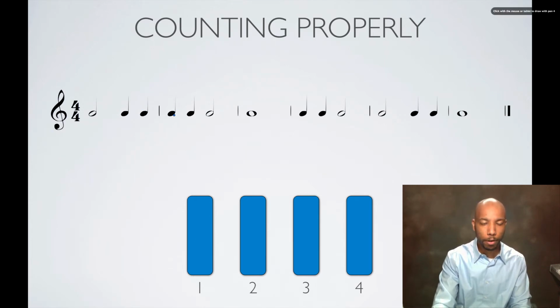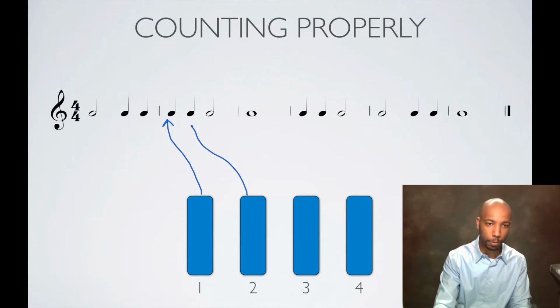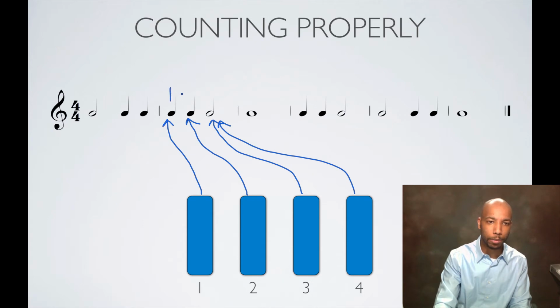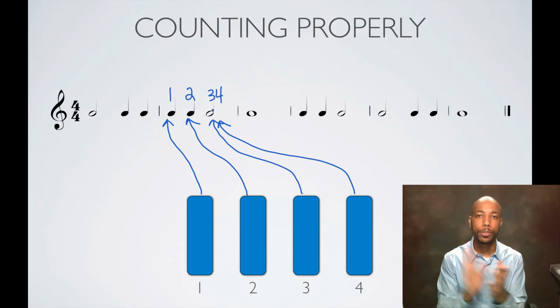In bar 2, the first chocolate bar goes to the first note because it's 1 beat. This one goes to the second note because it's also 1 beat, so it only gets 1 chocolate bar. And the last note gets the last 2 chocolate bars. So if we're counting this, it's 1, 2, and this gets 3 and 4. And when we're clapping, it would be 1, 2, 3, 4.